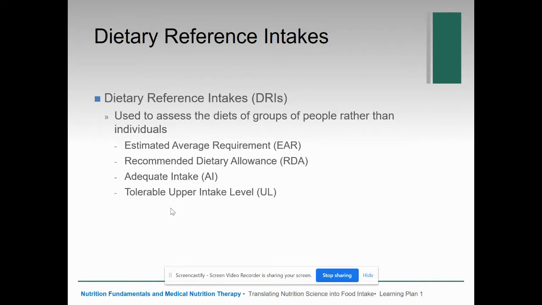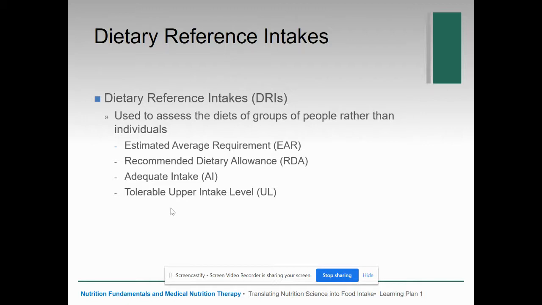Now, the RDA, the recommended dietary allowance, is recommended for healthy individuals based on research for individuals. This is important because it means that we have the scientific information to back up these recommendations for the healthy population.